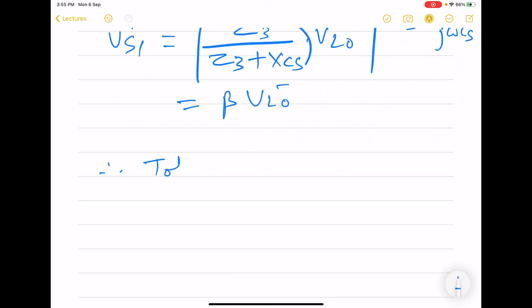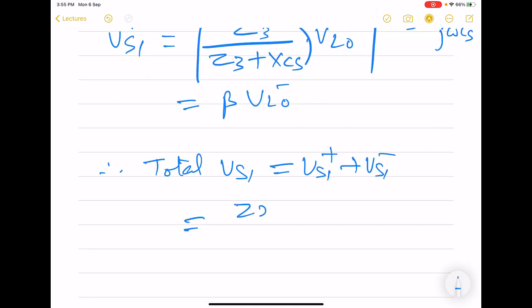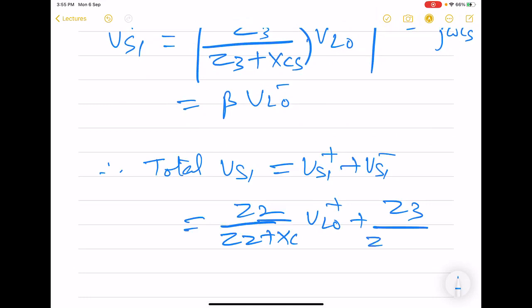Therefore, the total Vs1 is going to be Vs1 plus Vs1 minus, and this will turn out to be Z2 by Z2 plus XC VLO plus, plus Z3 by Z3 plus XCS VLO minus.